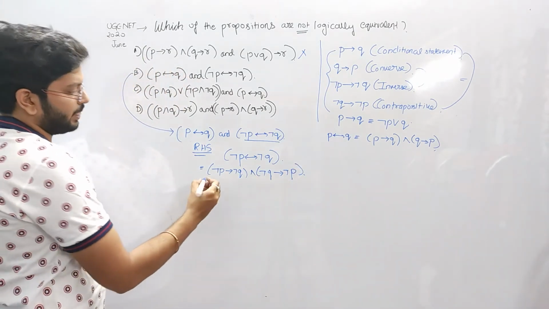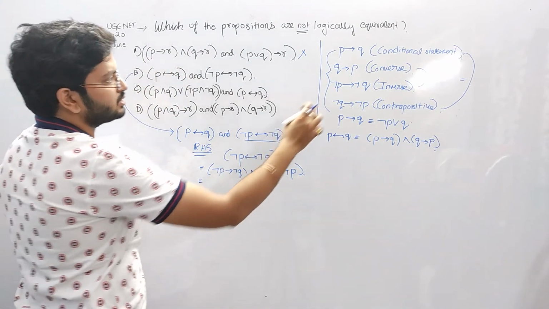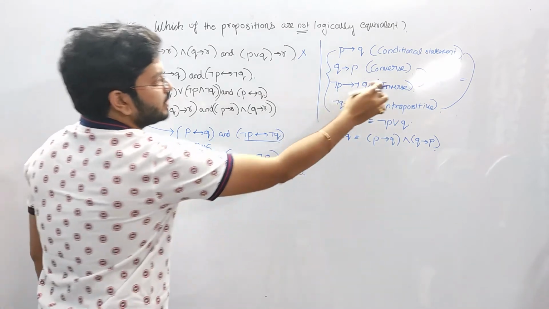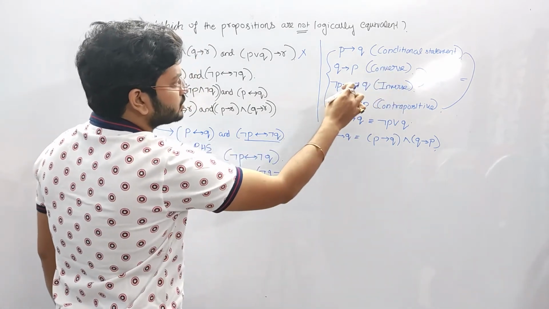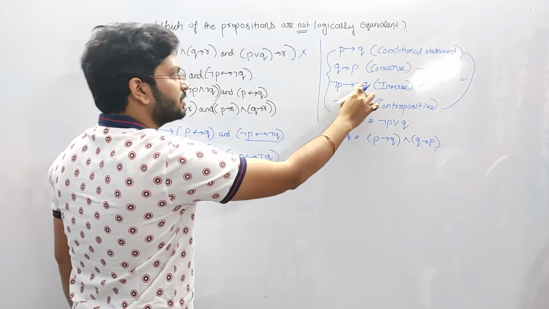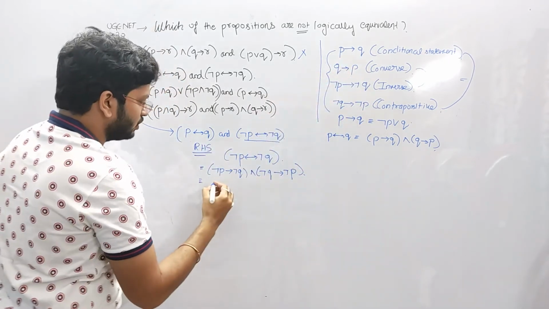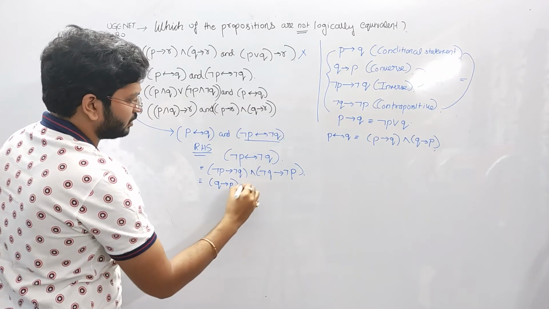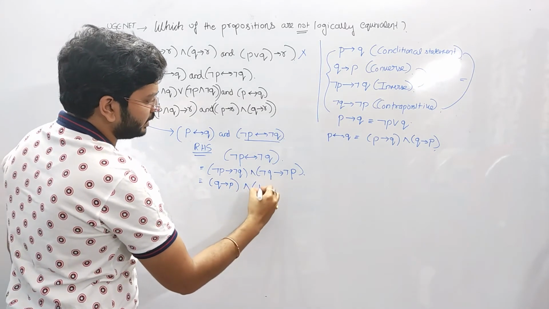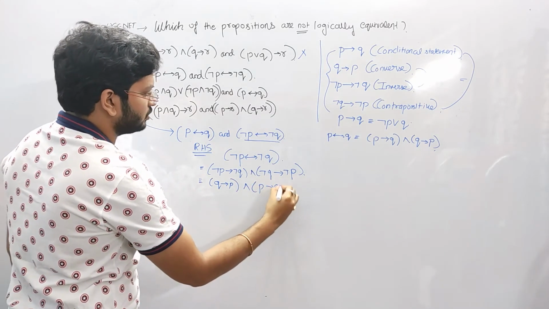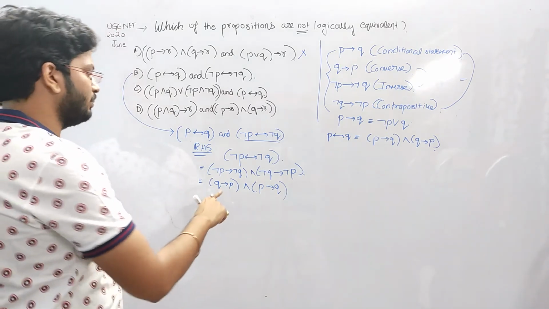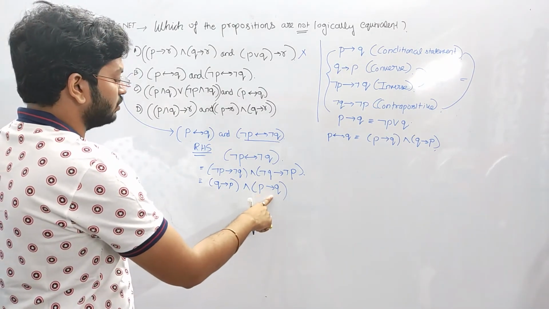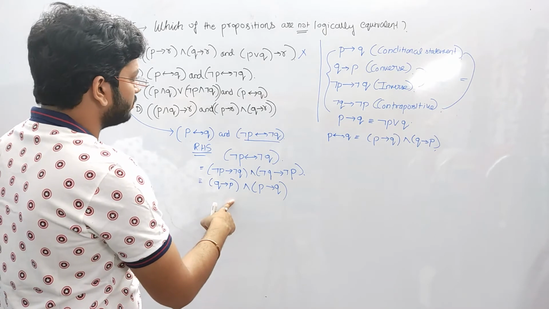Okay. Now we know this one is the inverse, and inverse is equivalent to converse. So in place of negation P implies negation Q, we can write Q implies P. So here we will be writing Q implies P, and here we will be writing P implies Q. Okay. Q implies P and P implies Q, and this is simply the formula.